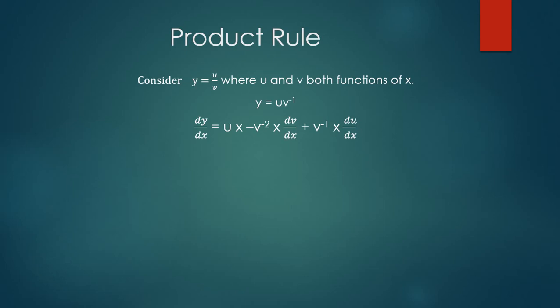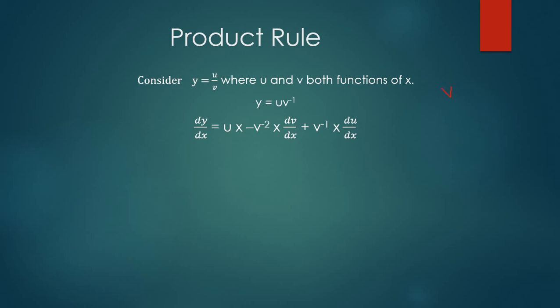Now, if you recall from earlier in the video, whenever we have something being raised to a power, or some function being raised to a power, we have to apply the chain rule. Remember? So that means we would need to differentiate the function v, and differentiating v is just dv by dx.